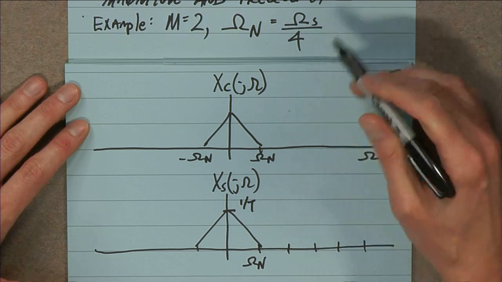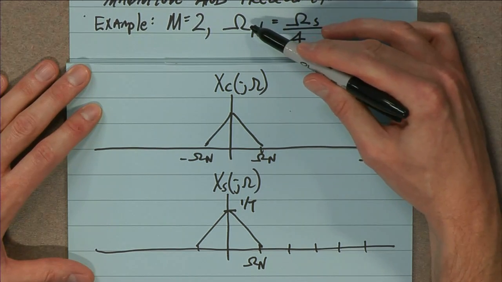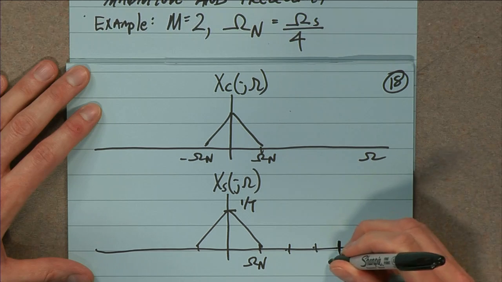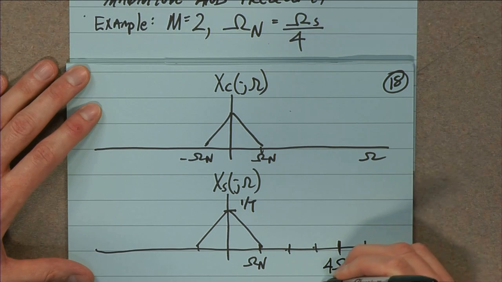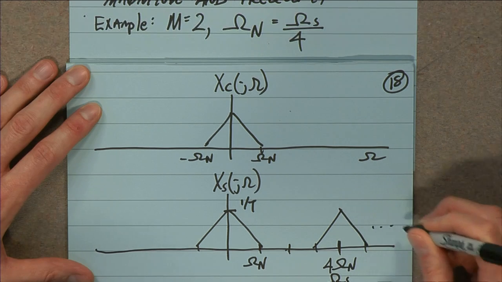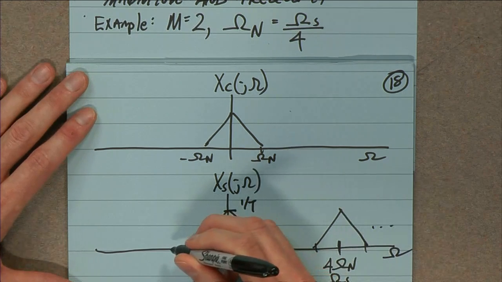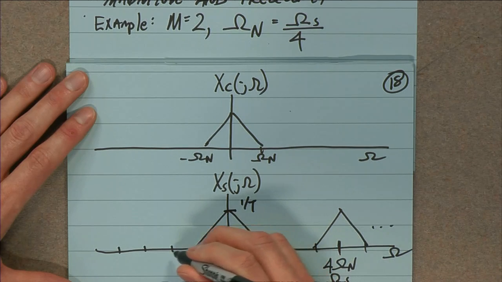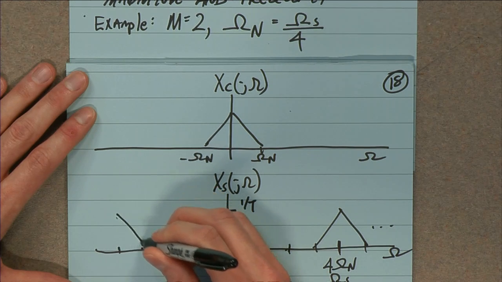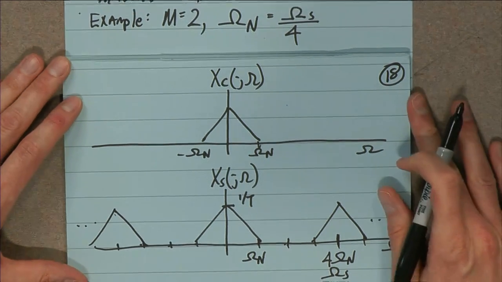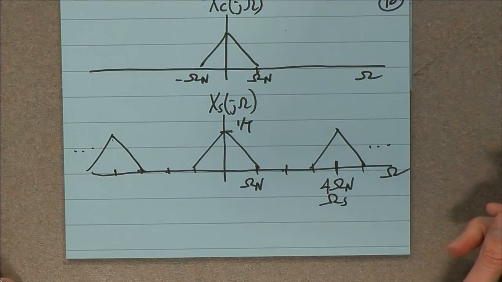But omega s, as we said, is 4 omega n. So 1, 2, 3, 4. And we draw another copy. Dot, dot, dot. One, two, three, 4. Dot, dot, dot. So we've got our scaled version of what things look like in frequency.